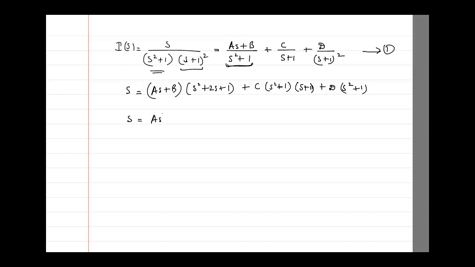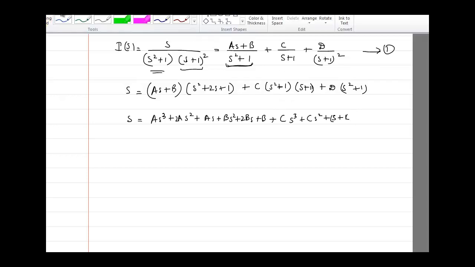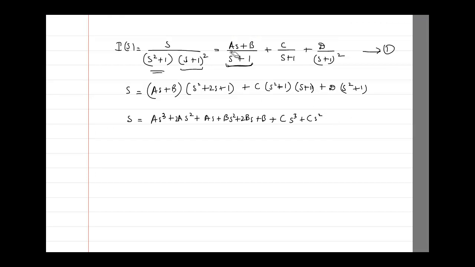This is going to be as cube plus 2as square plus as plus bs square plus 2bs plus b, plus this combination, which is going to be s cube plus s square plus s plus 1, that when multiplied with c, I will get cs cube plus cs square plus cs plus c. Plus ds square plus d.